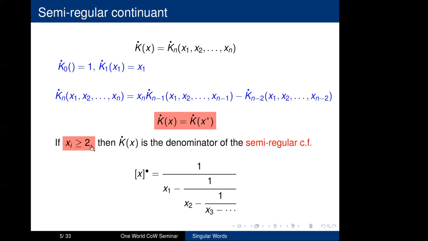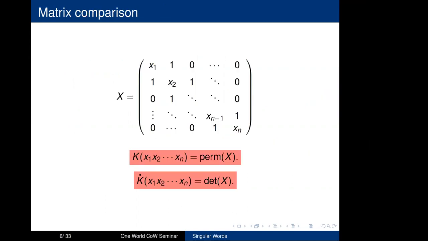So you need the xi's to be at least 2, otherwise you could possibly be getting negative numbers or dividing by 0 or something like that. So when I talk about the k dot, the semi-regular continuant, I will always assume that the numbers are greater than or equal to 2. Another way of comparing them is you can form this matrix. K is just the permanent of this matrix, and K dot is the determinant of this matrix. So it takes parity into consideration.